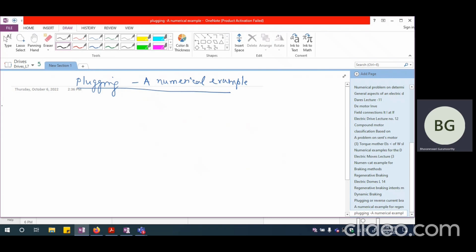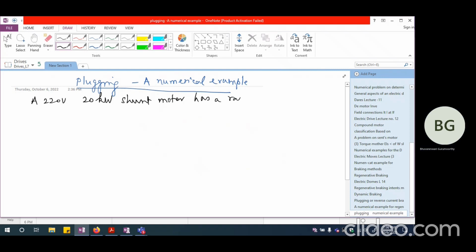A 220 volts, 20 kilowatt shunt motor has a rated speed of 1200 RPM.